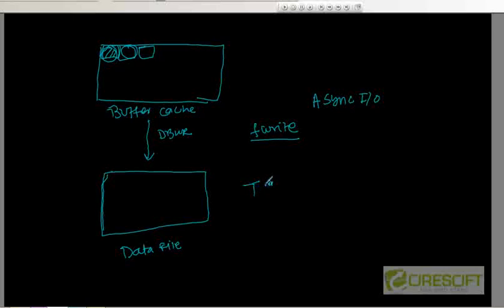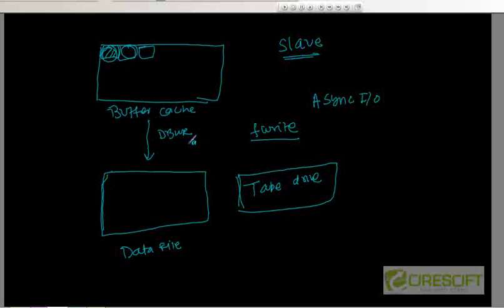But if this is a tape drive, which is when we want to write an RMAN backup and all those things, the operating system cannot write to a tape drive. In that case Oracle gives you additional slave processes. These slave processes are going to mimic the async IO that used to be done by the operating system for a normal disk drive.